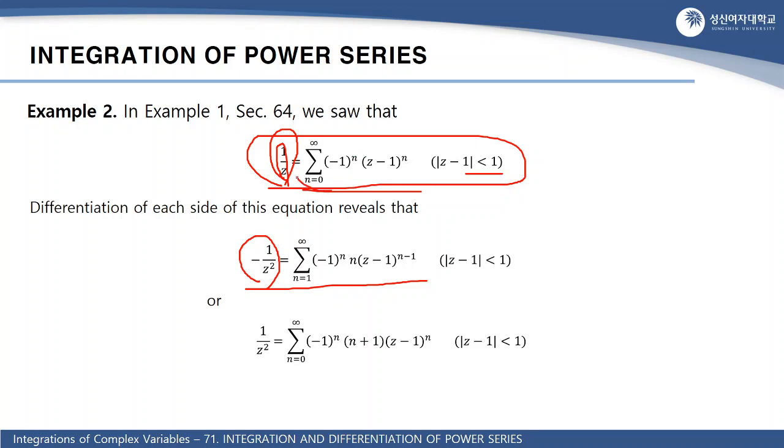We differentiate this part, then we get this, because this is a polynomial. So n times (z minus 1) to the n minus 1, here we get this. Or we drop the sign here, or multiply by negative 1 to each side of this equation, then we get this.